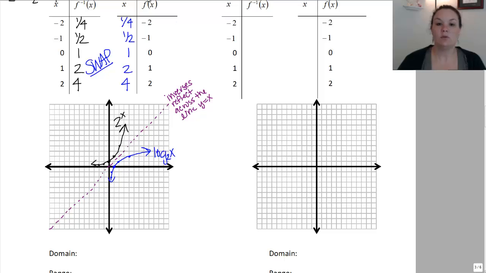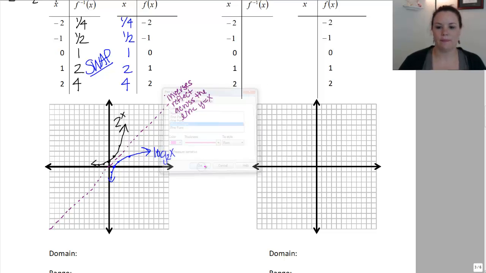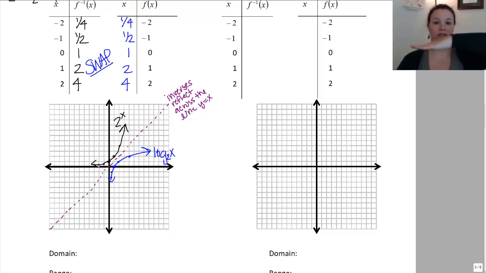Okay, so now I want to talk about asymptotes. Whenever you have an asymptote on your original function, when I invert it, or swap all my x's and y's, I should still have an asymptote. So when I look at my original 2 to the x function, my asymptote was at y equals 0.